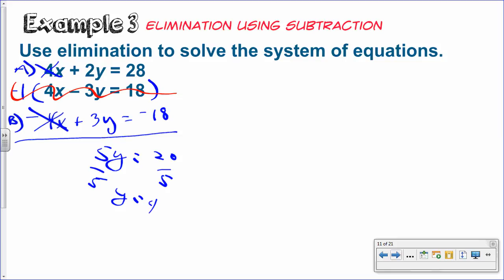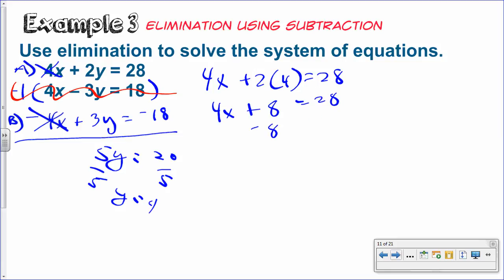Okay, which one do you want to plug it back into? Top one? 4x plus 2 times 4 equals 28. So 4x plus 8 equals 28. Subtract 8. 4x equals 20 divided by 4. X equals 5.